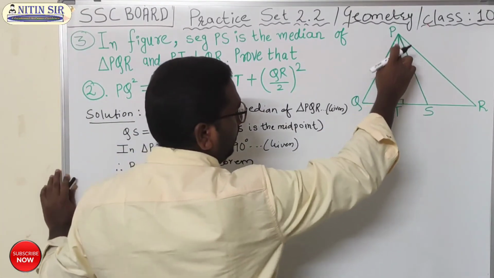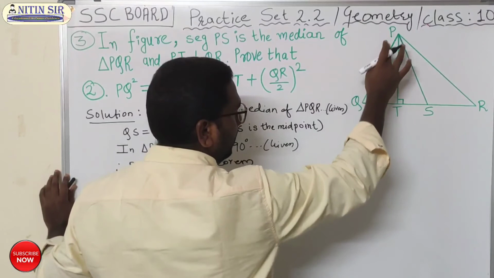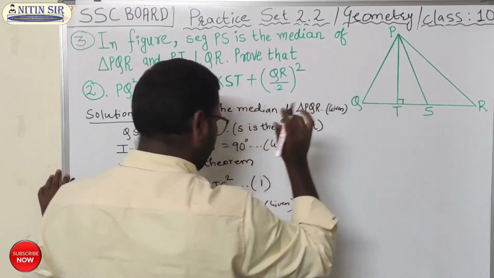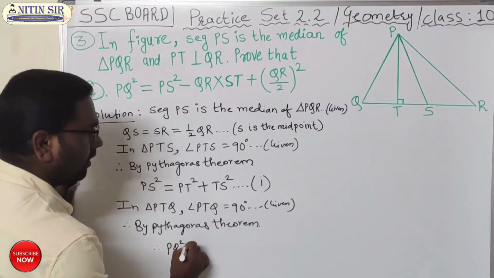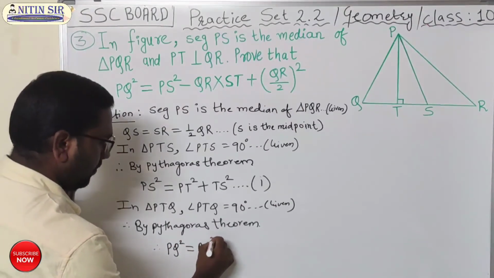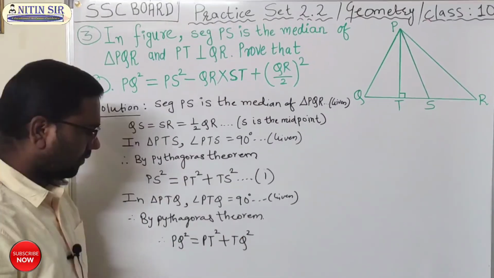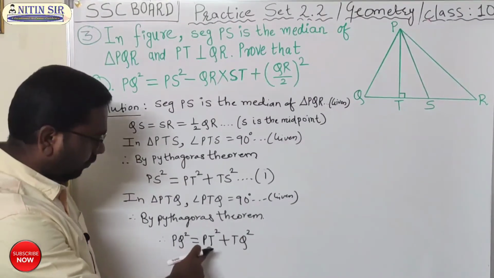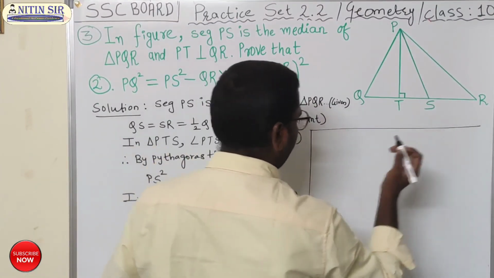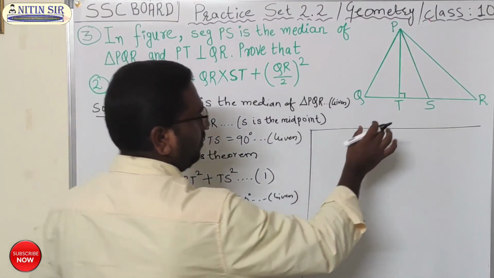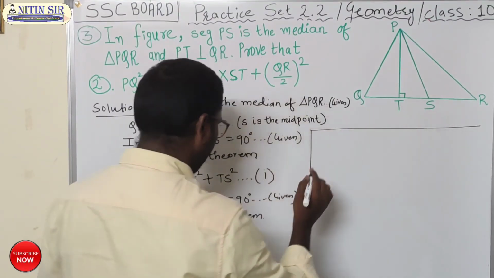PQ is hypotenuse, PQ square is equal to PT square plus TQ square. So TQ, can we write TQ as QS minus TS.